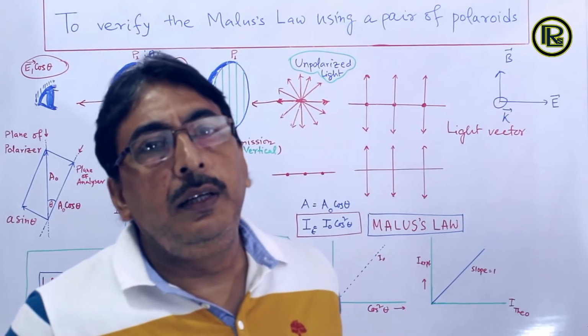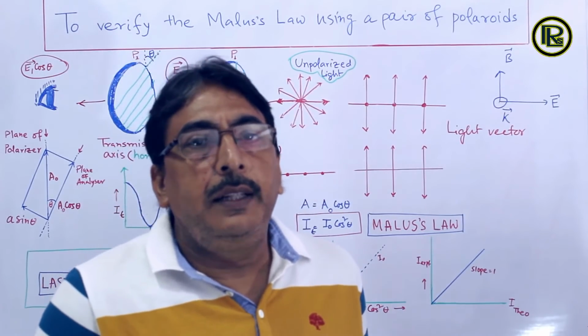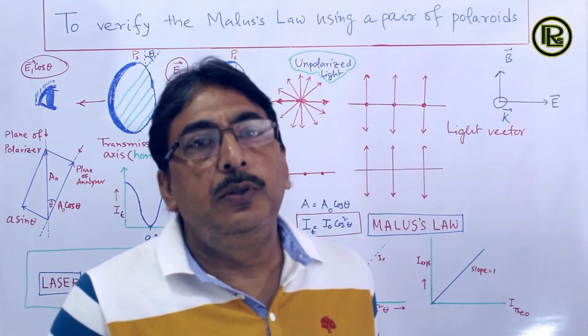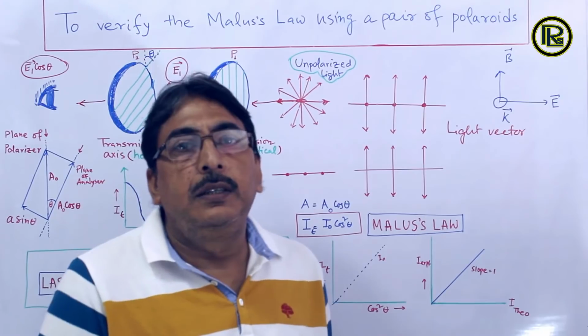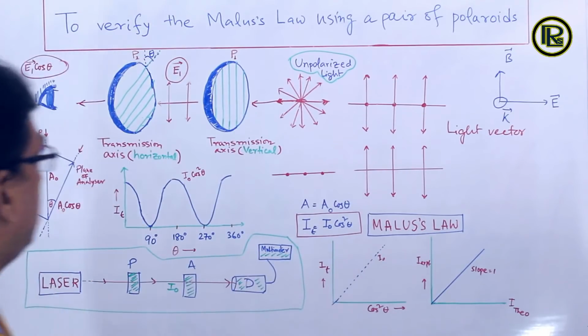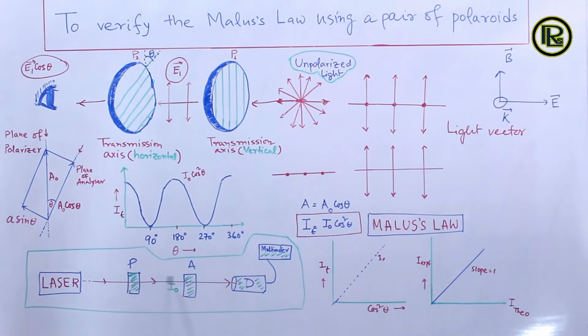But usually we don't get an intensity meter in the laboratory. Then we can use an ordinary multimeter, which can measure the voltage proportional to the photon intensity, proportional to the number of photons falling on the detector. So in the multimeter we can get the voltage or amplitude of the signal.